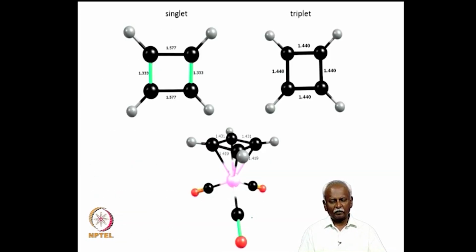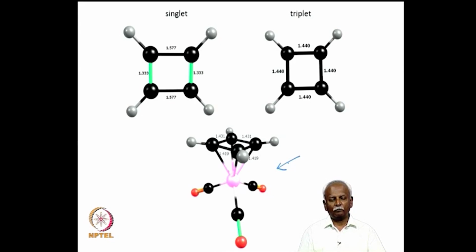So, right after the prediction, it was possible for people to search for this complex, try and make it, and sure enough they were able to make the cyclobutadiene complex, and the metal-carbon interaction was quite strong, and this was a stable system. It could be isolated and characterized very readily. The bond distances between the carbon atoms were quite delocalized compared to what you would expect for cyclobutadiene. Cyclobutadiene is not stable in the free state and it readily dimerizes.